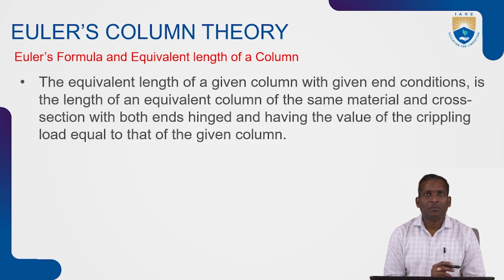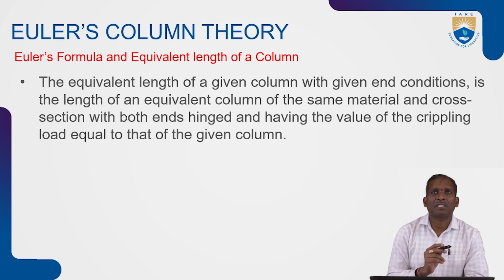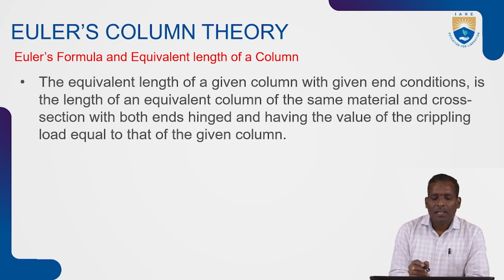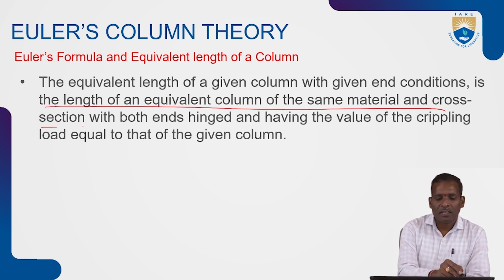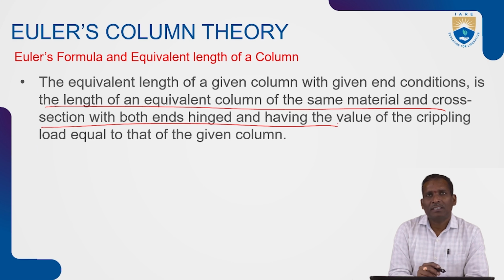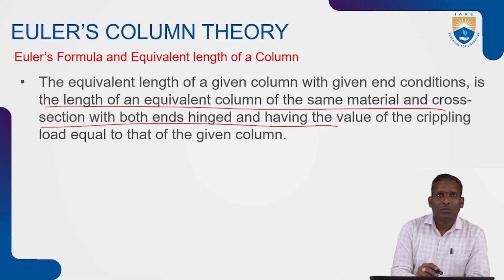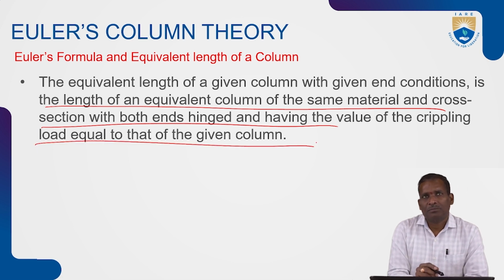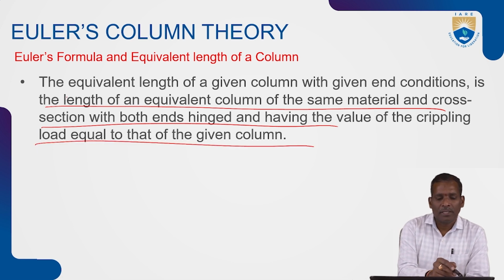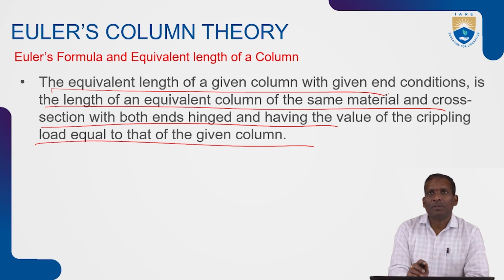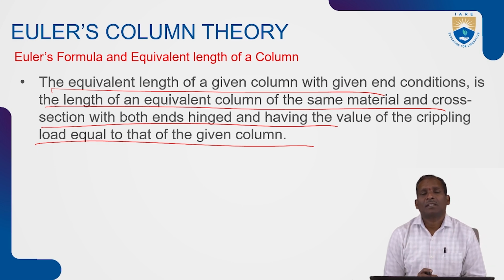So the equivalent length of the given column with given end conditions is the length of an equivalent column of the same material and cross section with both ends hinged and having the value of crippling load equal to that of the given column.